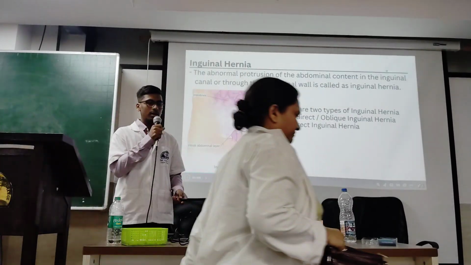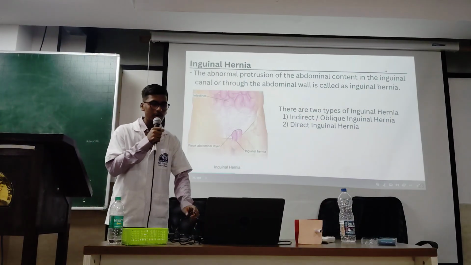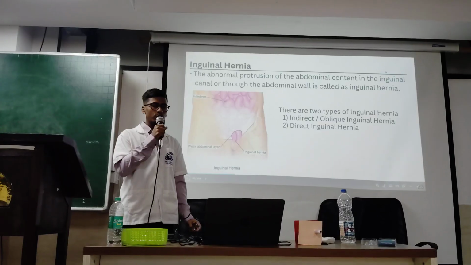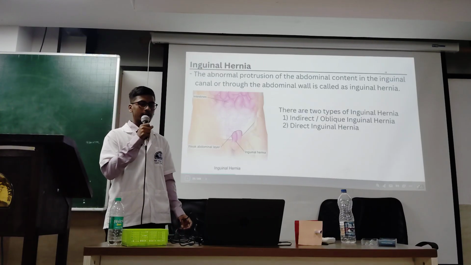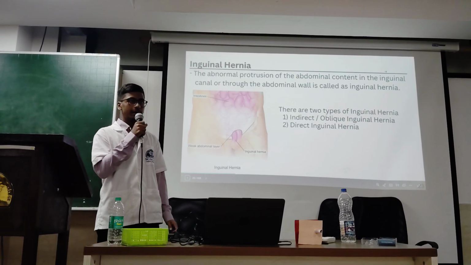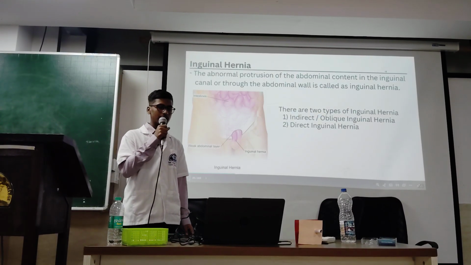The inguinal hernia means the abnormal protrusion of the abdominal content in the inguinal canal or through the abdominal wall. Inguinal hernias are mainly of two types: direct inguinal hernia and indirect inguinal hernia.